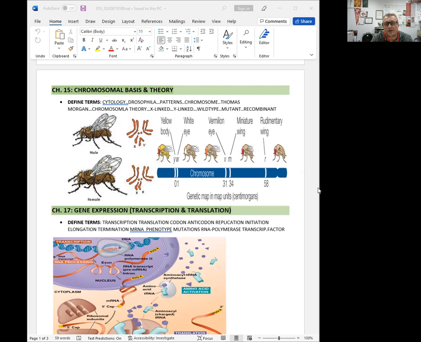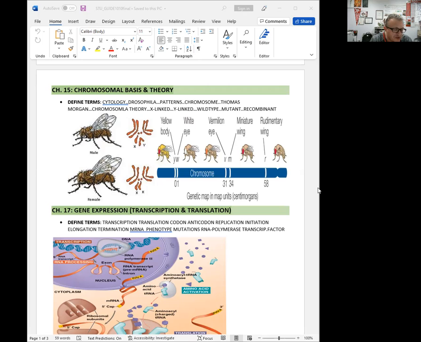Then he looked at the next generations, and he and his lab came up with the idea of chromosomal theory, and now we use this system for mapping the genes on specific chromosomes.